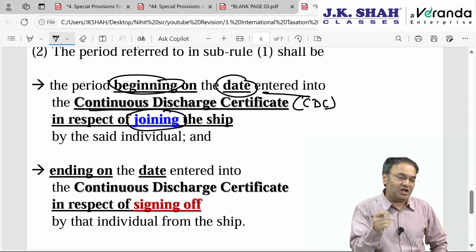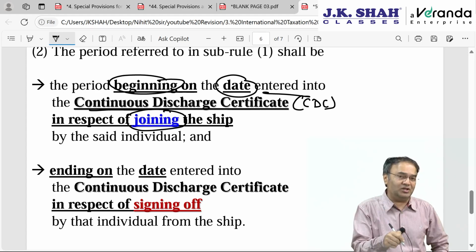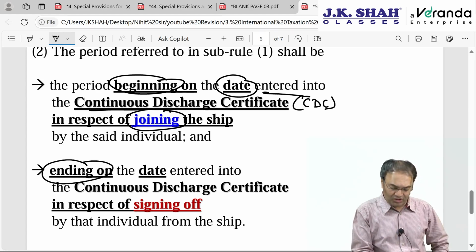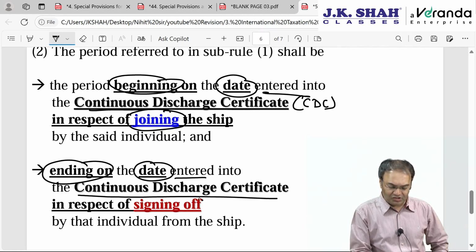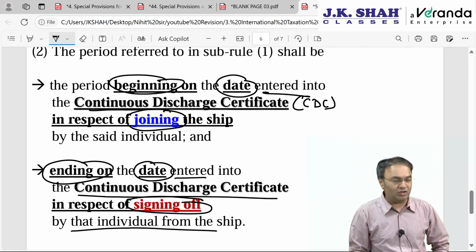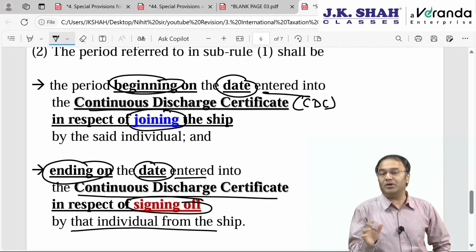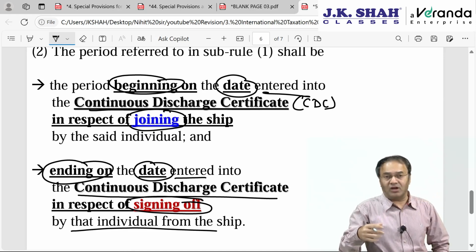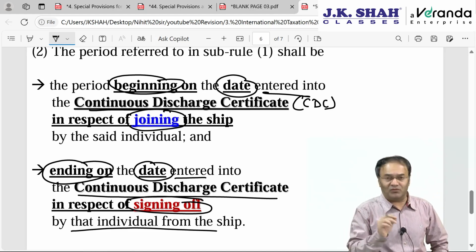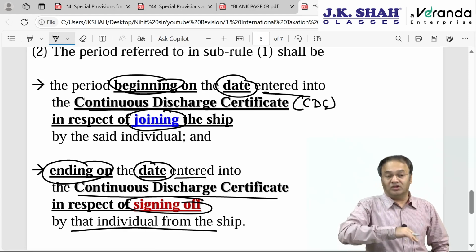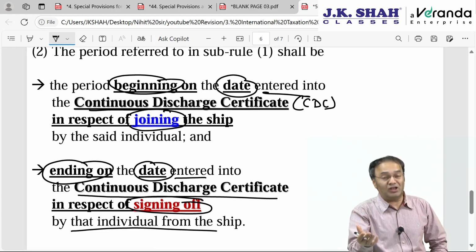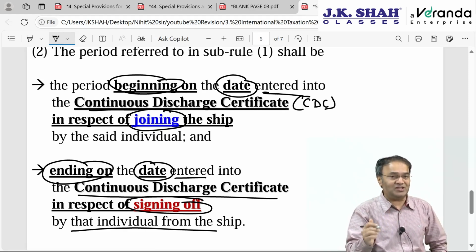The period starts with the date of entry in the CDC and ends on the date entered in the CDC in respect of signing off by that individual from the ship. The moment the ship comes back after completing the journey, after 1 month, 2 months or whatever, the crew members are still inside the ship. On the 4th day, 5th day, when they come out of the ship, at that time they will sign the CDC.